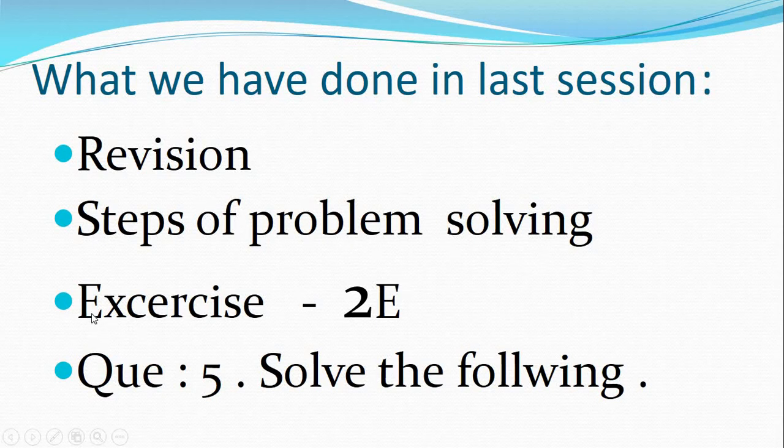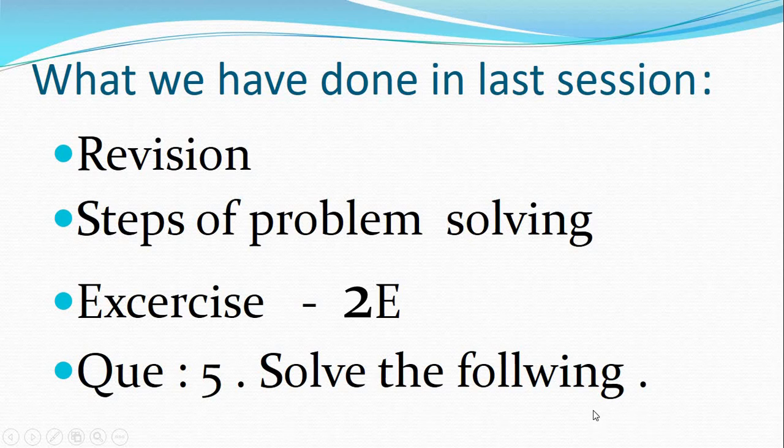Now students, we move on, and then what have we done? Exercise 2E. In 2E we have already done question number 1, question number 2 and question number 3. We are not performing and not writing them. Directly we move on to question number 5. Question number 5 is: solve the following.